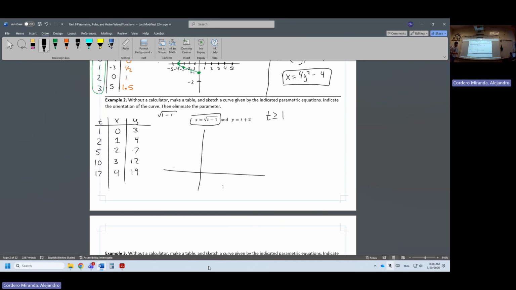All right. And then now we can graph the points. Are you guys good? If I haven't checked on you guys, I hope you're good. 0, 1, 2, 3, 4. I have to go all the way to 19. Okay.